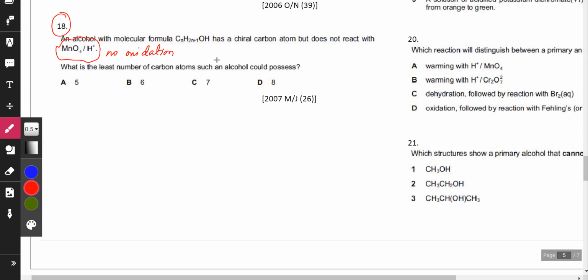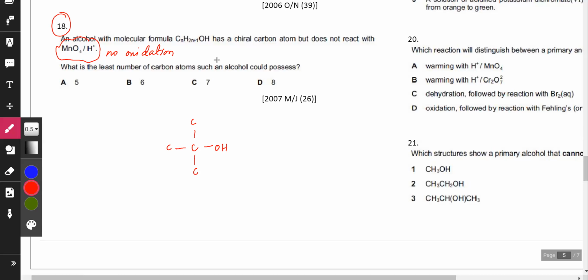Oh, tertiary. Okay, so that's a tertiary alcohol. Tertiary alcohols don't get oxidized. What's a tertiary alcohol? A tertiary alcohol is where you have an OH and there are carbon atoms or carbon chains on all sides, right? So that is what a tertiary alcohol is.